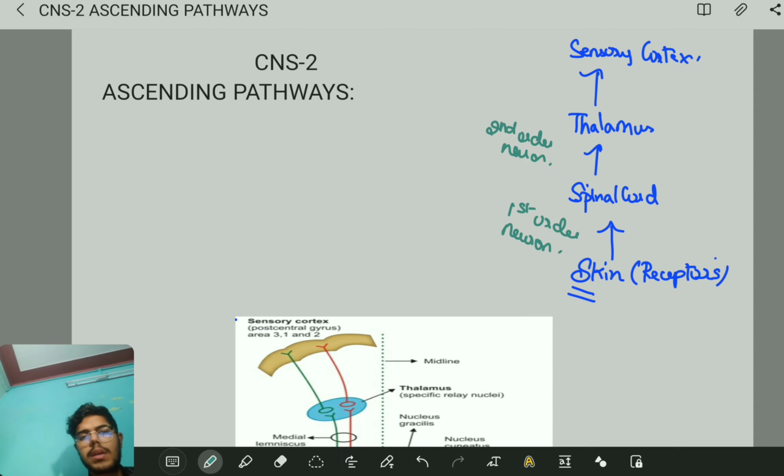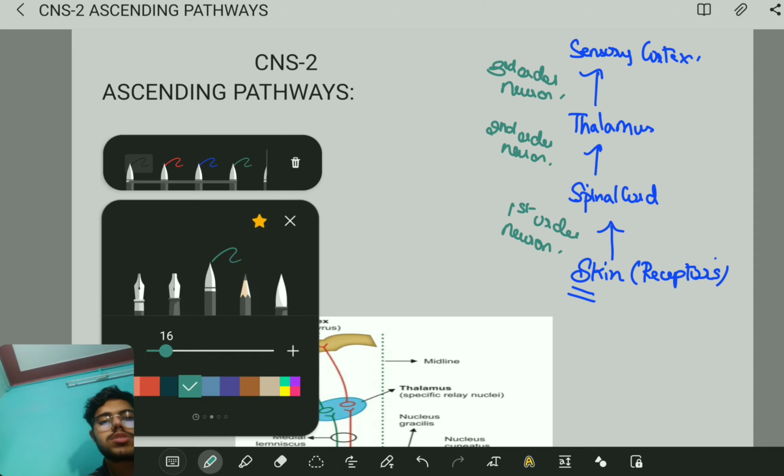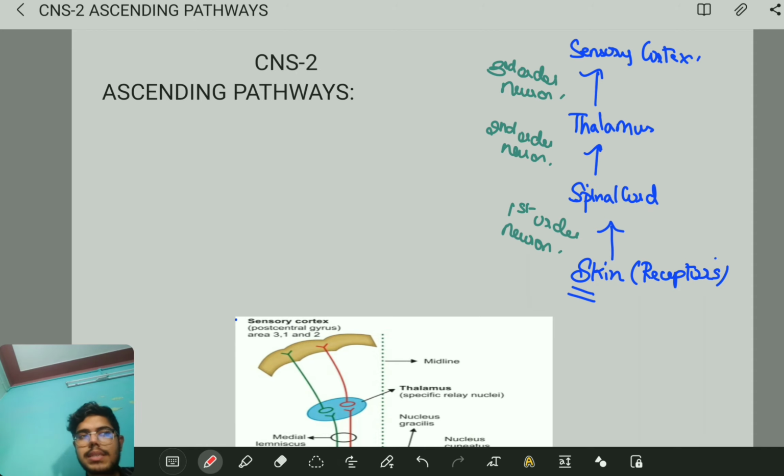That's it. Similarly, from thalamus to sensory cortex, what order neuron? Yes, third order neuron. That's it.